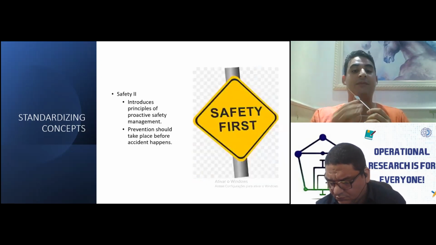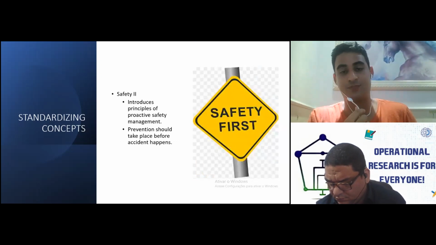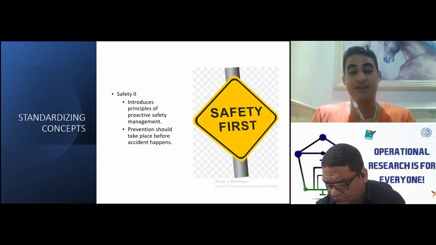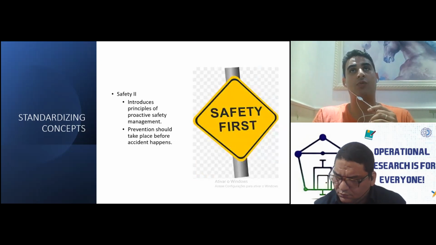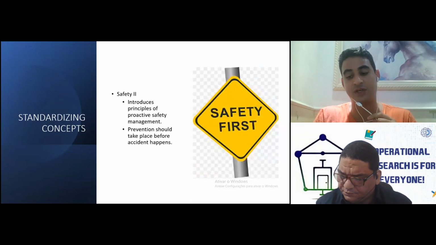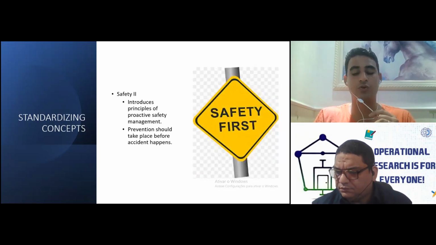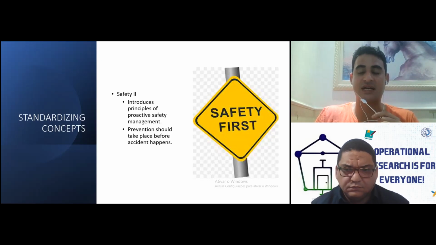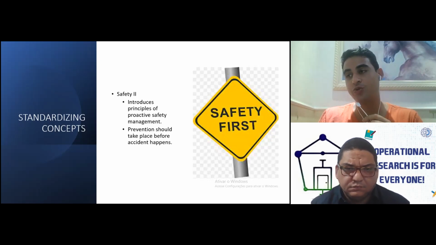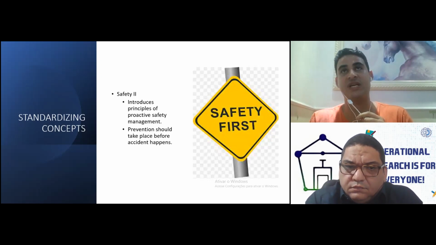So another concept is Safety 2. It introduces the principles of proactive safety management, and prevention should take place before the accident happens. We've got this evolution of safety concepts because of the number of accidents throughout the years, and the Safety 2 concept established that we need to prevent instead of react.